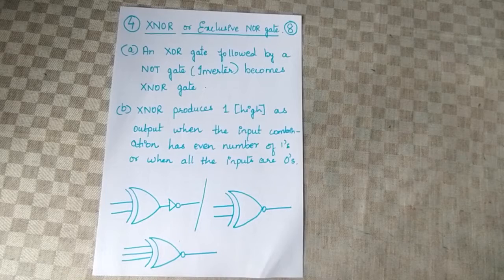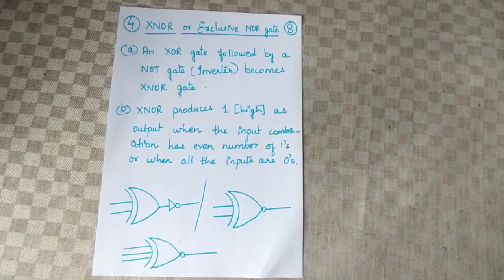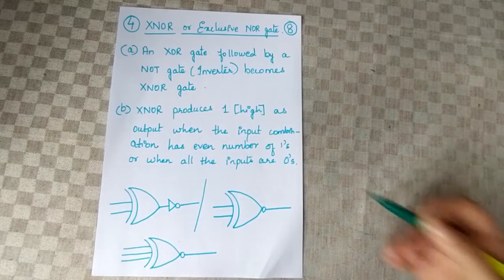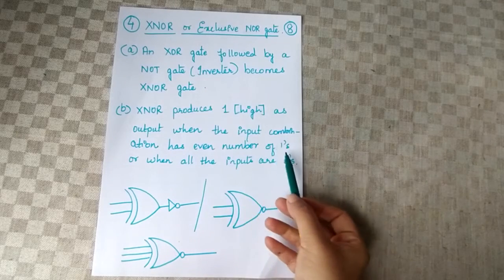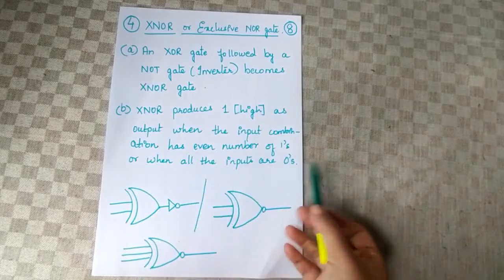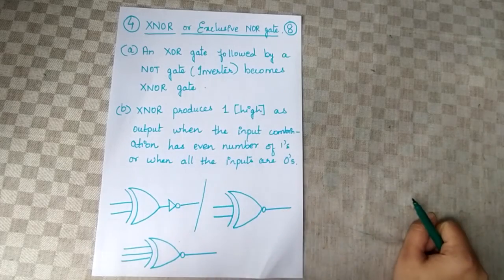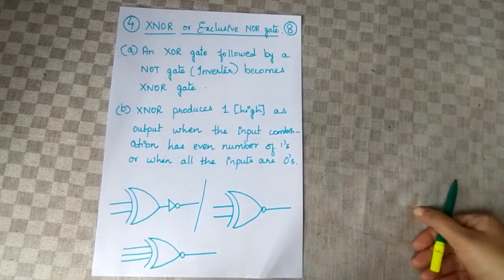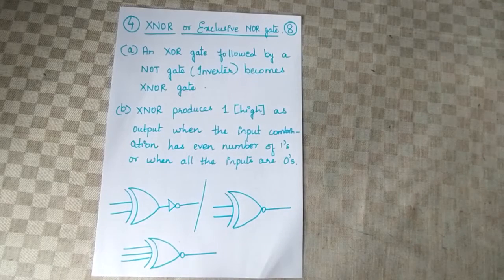An XOR gate followed by a NOT gate or an inverter becomes XNOR gate. Okay. How exactly it works? An exclusive NOR produces the output 1 when the input combination has even number of ones or when all the inputs are zeros. Now you see it works opposite to that of your exclusive OR gate.